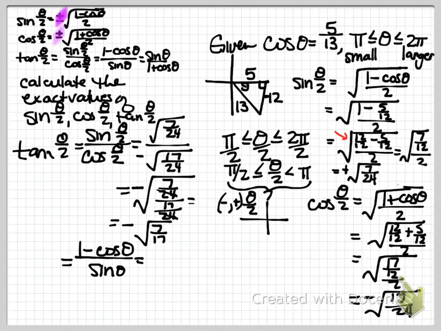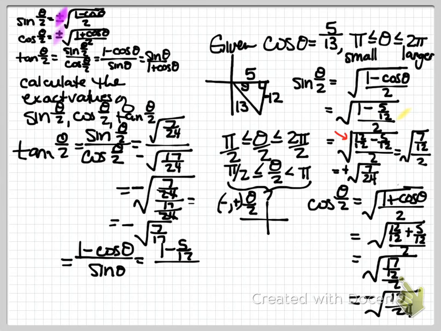Well, we already know that 1 minus cosine, if we go back to our sine, 1 minus cosine is right here. So we could just put that in. 1 minus 5/12.